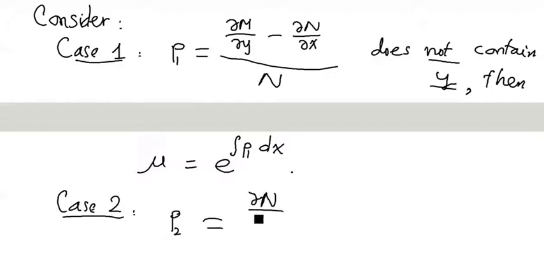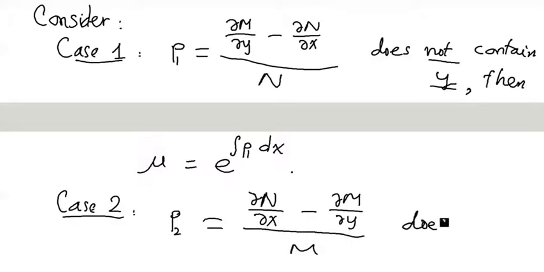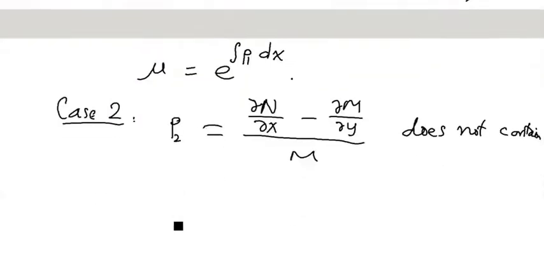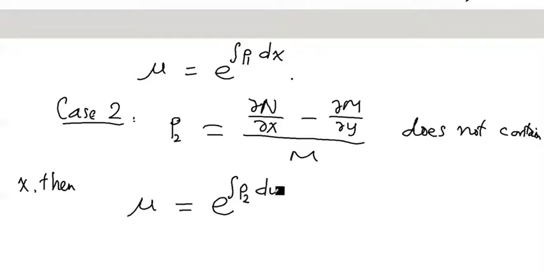It's partial N partial x minus partial M partial y divided by M, and if this does not contain x, then P2 has only y, and we can compute the integrating factor mu as e to the integral of P2 dy.